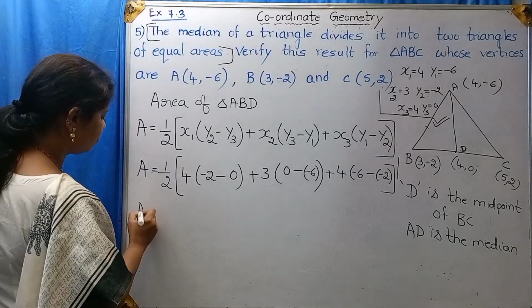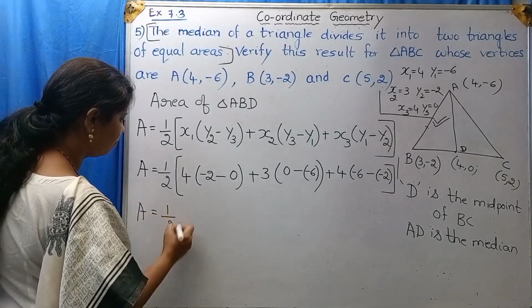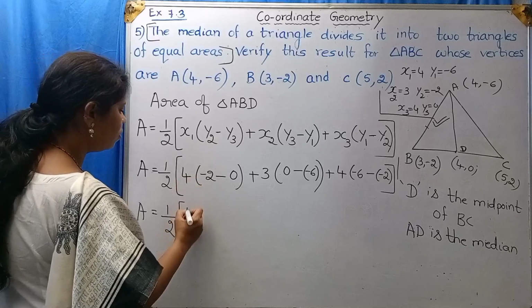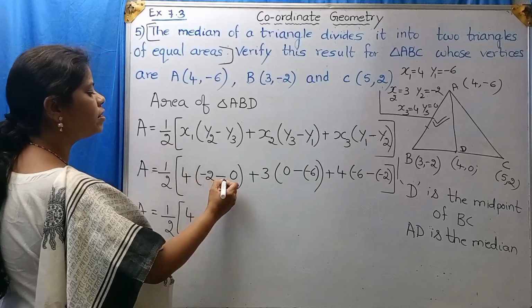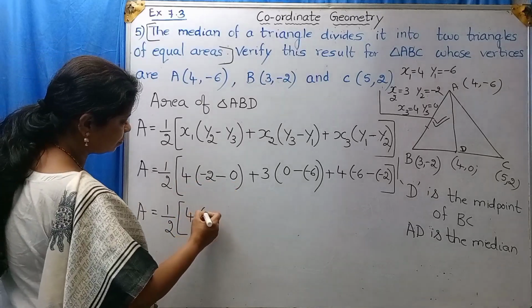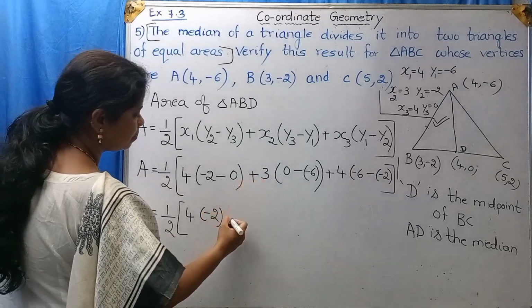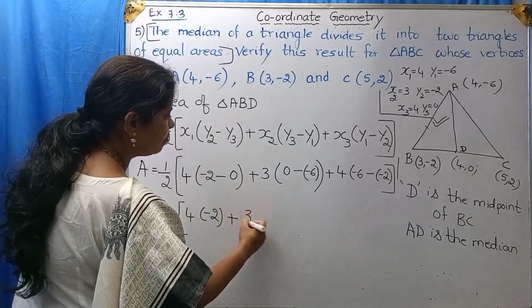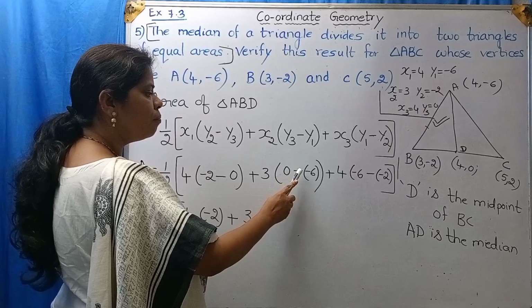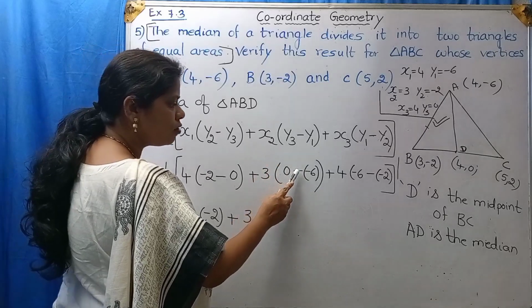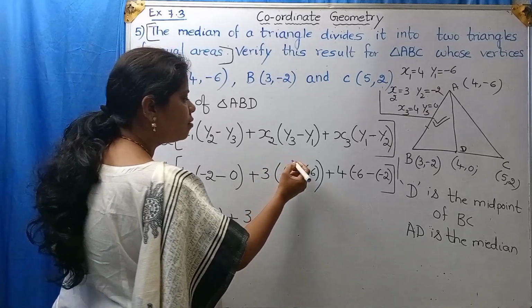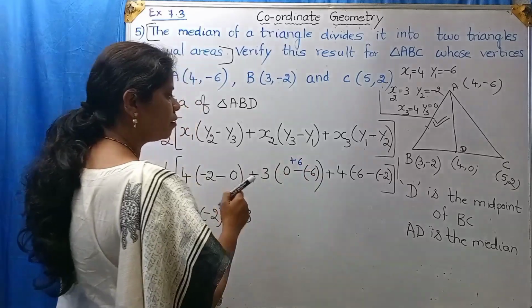A is equal to half. 4 minus 2 minus 0 is how much? Minus 2. Plus 3 into 0 minus of minus 6 is what? Minus into minus is plus 6, right?